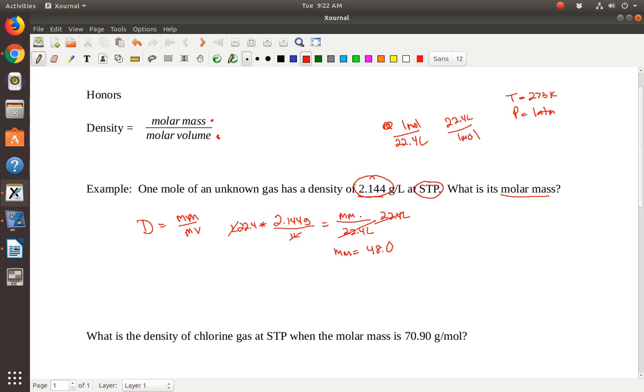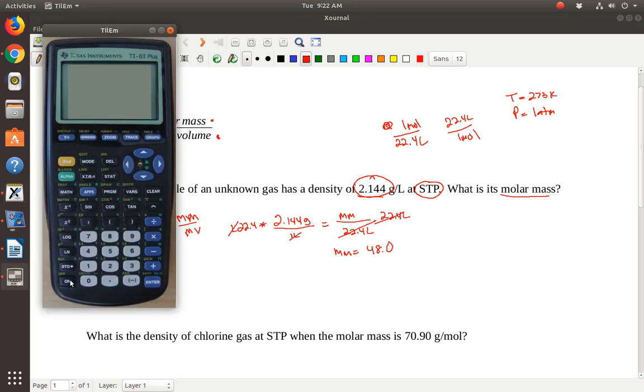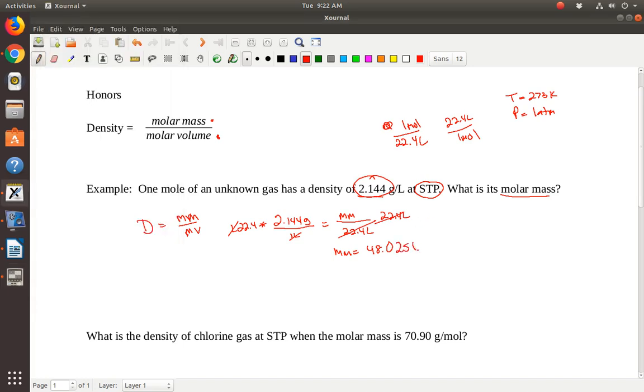So if we pull up our calculator, let's look at the raw answer. I was trying to cheat real quick and not have to do this, but 2.144 times 22.4 is 48.0256. And so now we're going to look at sig figs from the measured value. And that's 4 sig figs. 1, 2, 3, 4.